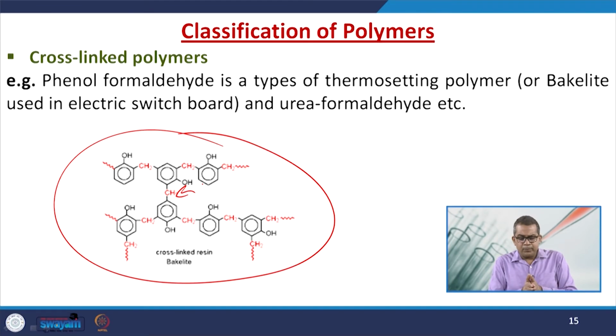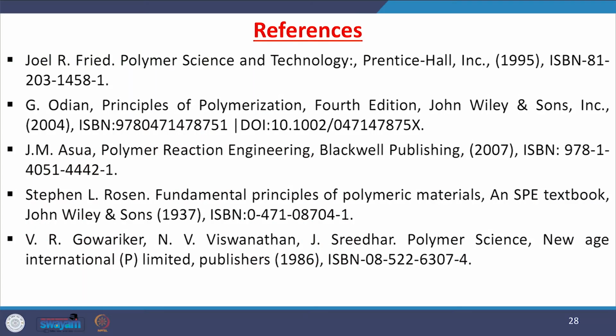So based on the requirement, either flexibility, stiffness, or environmental resistance, you can develop these various polymers. And this classification approach with respect to linear, branched and cross-linked offers a wide spectrum of choices available to you.